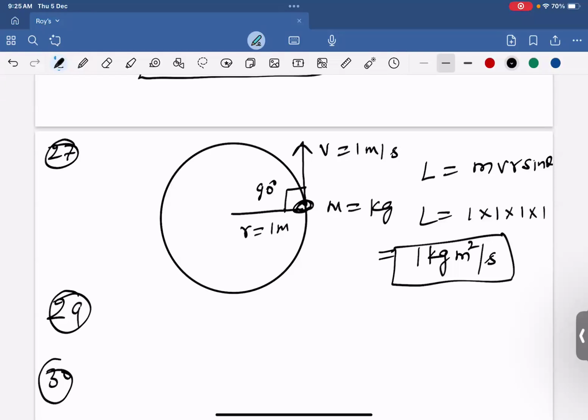Now let's discuss equilibrium of a body.